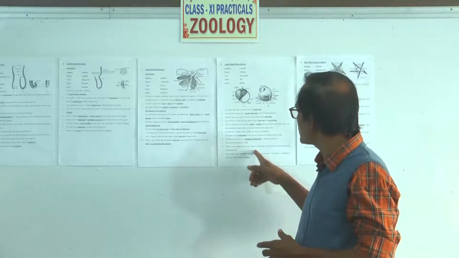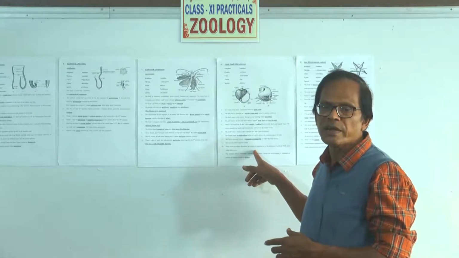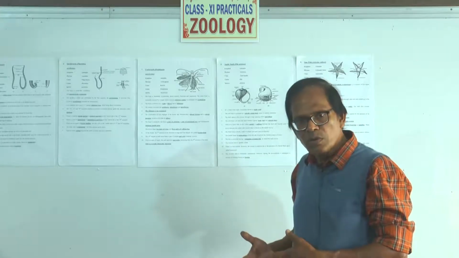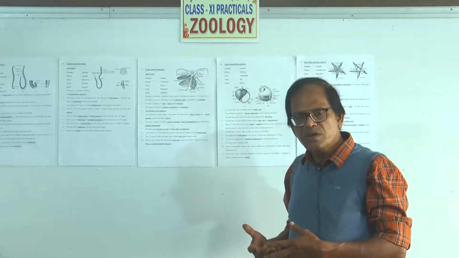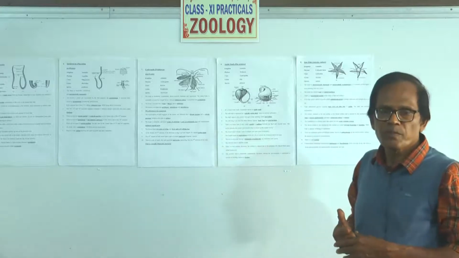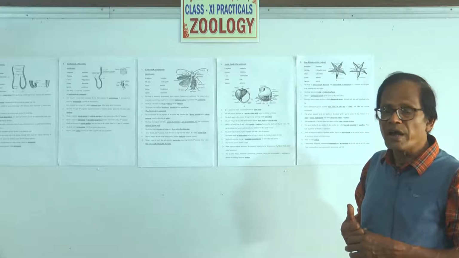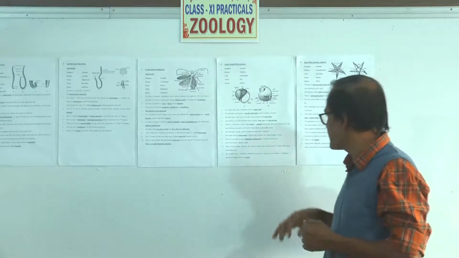The same situation prevails over here in the case of the snail. There is a coelom, but the coelom is highly reduced due to the presence of an enlarged hemocoel or blood-filled space.